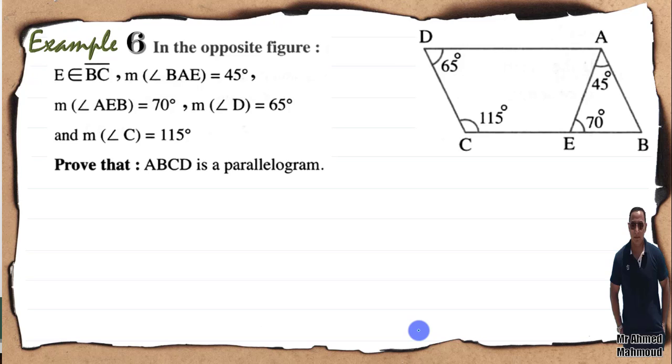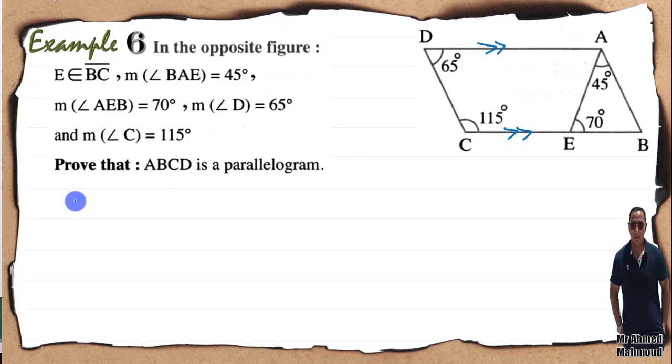I'm going to use the parallel. First, I have angle D equals 65 and angle C equals 115. 65 plus 115 equals 180. So AD is parallel to BC.